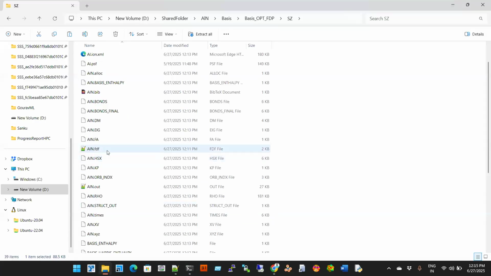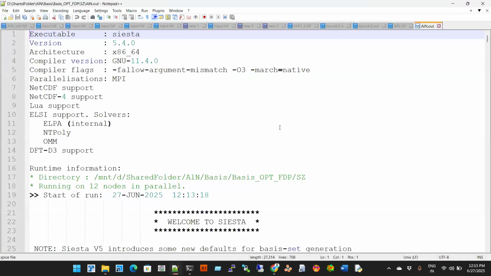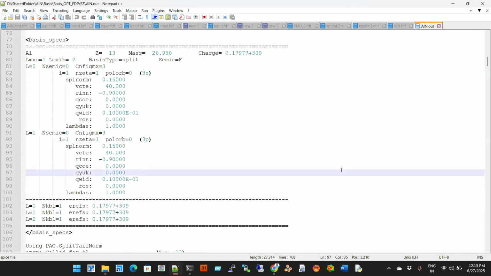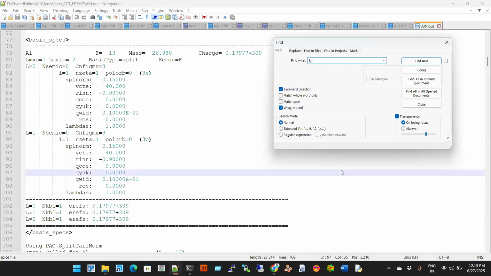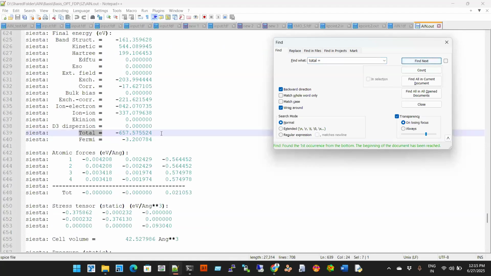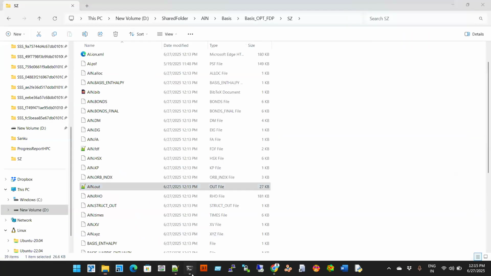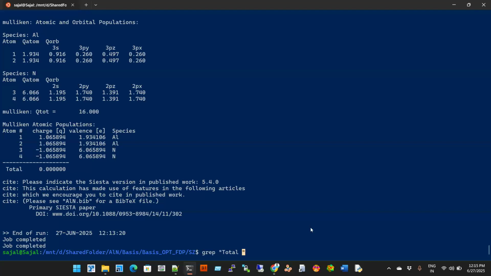Actually, we are trying to find out the total energy block, total energy value. This one is the total energy value. We are trying to find out the total energy value in the aluminum nitride .out file, so we have to use the following command.